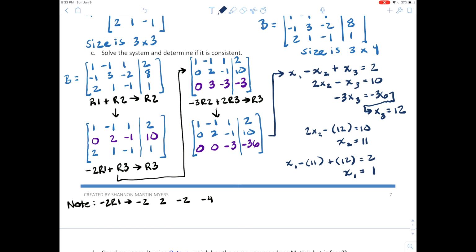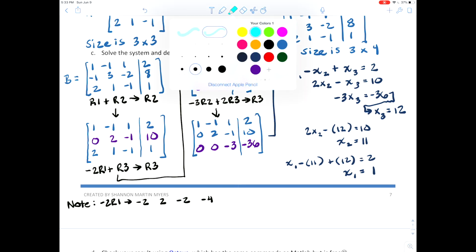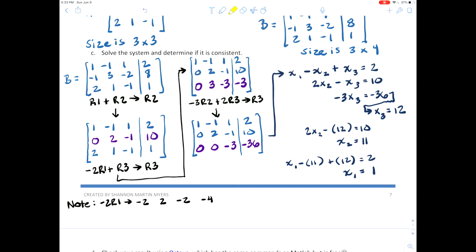Cool? So let me show you where I plugged those things in. We ended up getting 11 for x2. And then x3, we had gotten 12, right?